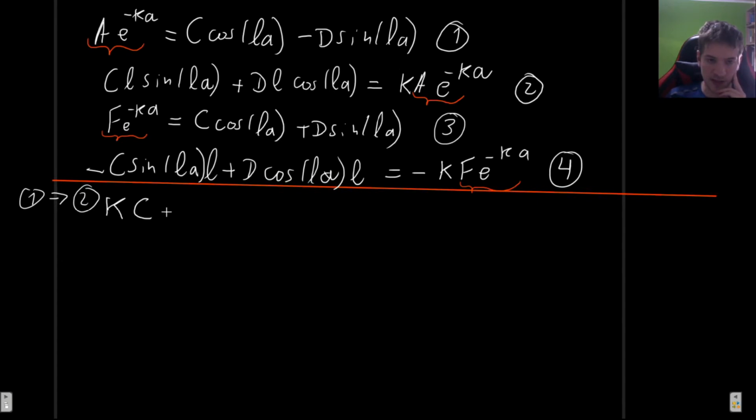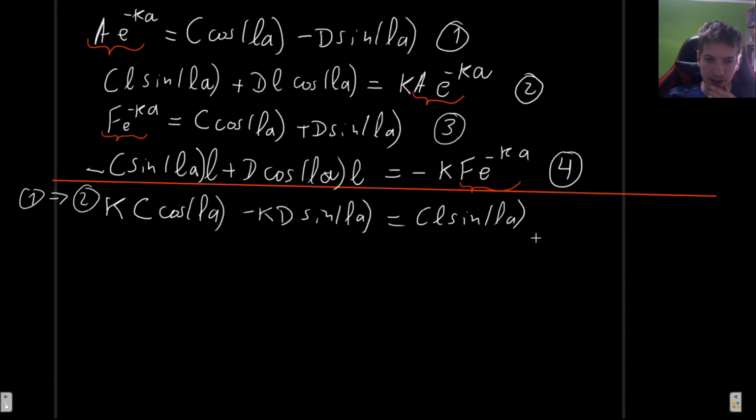So it's going to be KC cosine of LA minus KD sine of LA, and this has to be equal to this side right here. I flipped the sides when I was copying it, but it doesn't really matter. CL sine of LA plus DL cosine of LA.